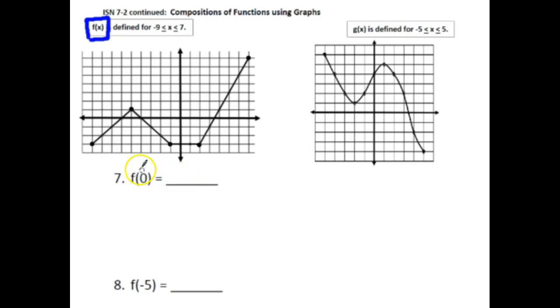If on this graph the x value is 0, you go to the 0 on the x-axis, and then you either go up or down to hit the graph. This point right here on the graph is 0, -3. So if the x value is 0, what's the y value?